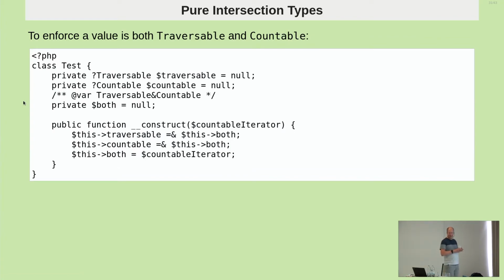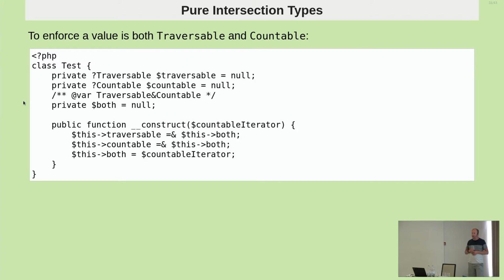Right, let's get into some more type stuff. In PHP 8.0 and earlier, if you wanted enforcement that a specific object that you pass in be of two interfaces, in this case Traversable and Countable, you had to come up with a crutch like this.